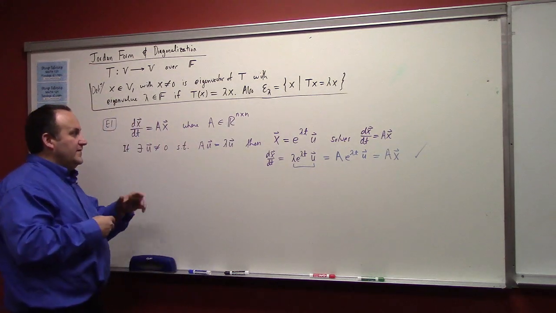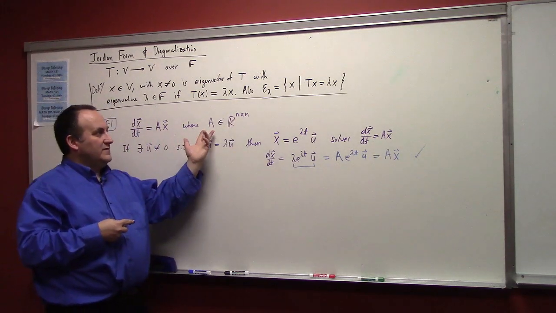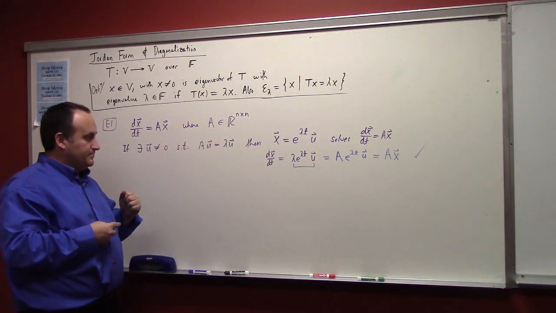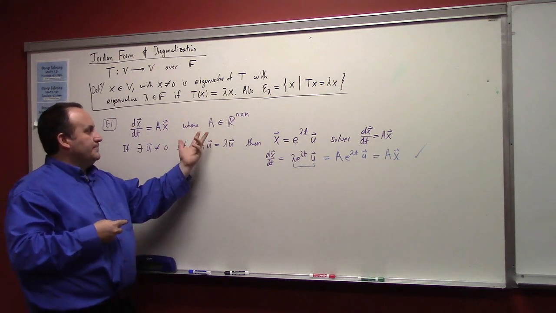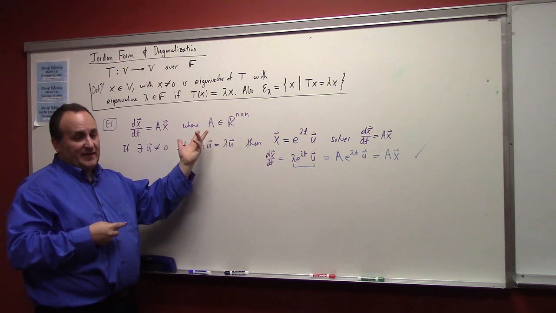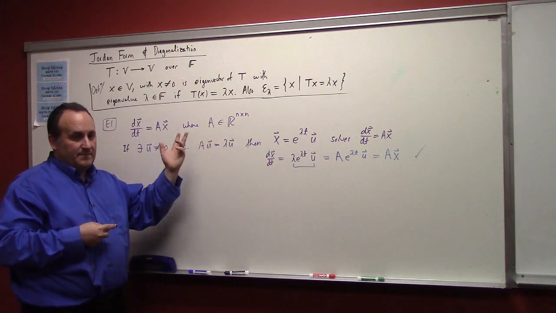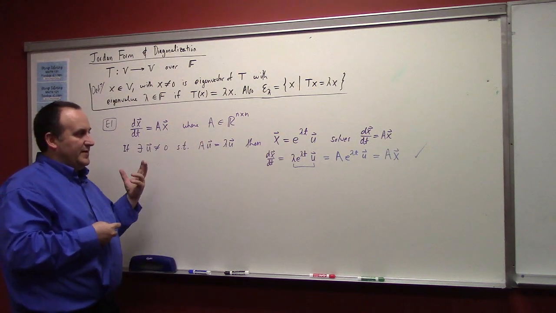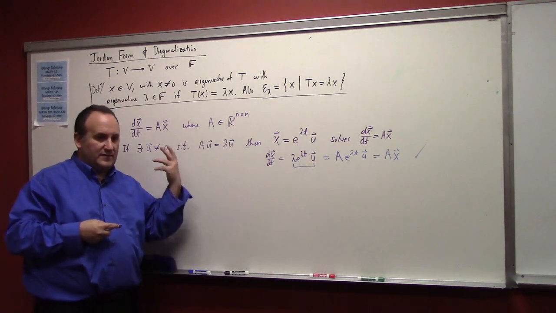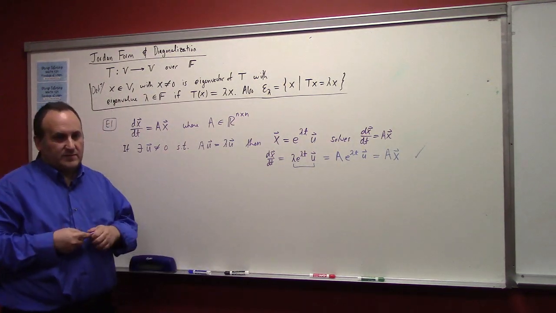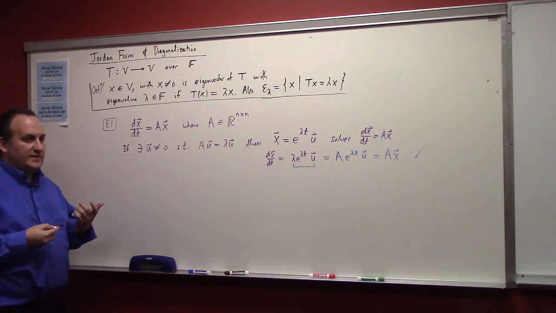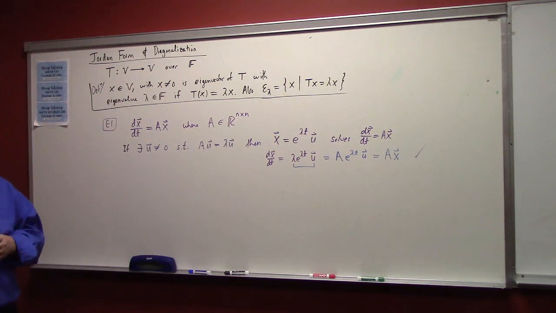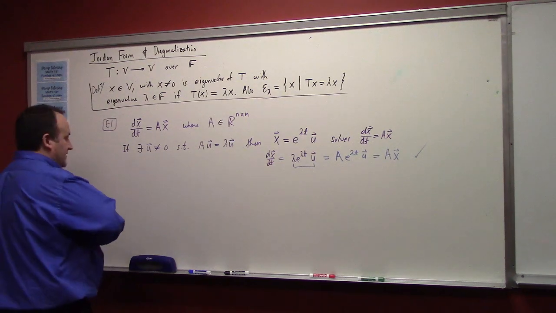So if we can find a set of vectors which serve as eigenvectors for A, and those eigenvectors are linearly independent, that makes us able to solve the differential equation with a linear combination of eigensolutions. It also would be the case that that kind of matrix is diagonalizable. So let's look at that for a second here.